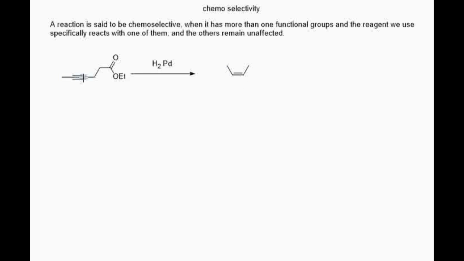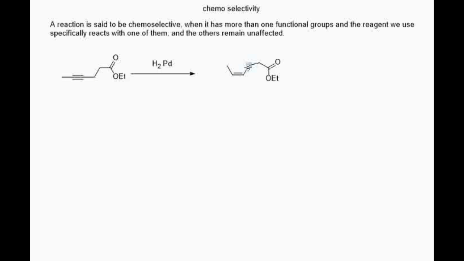So 1, 2, 3, 4, then 5, 6, then we have a double bond here, and double bond O and OEt. 1, 2, 3, 4, 5, 6.